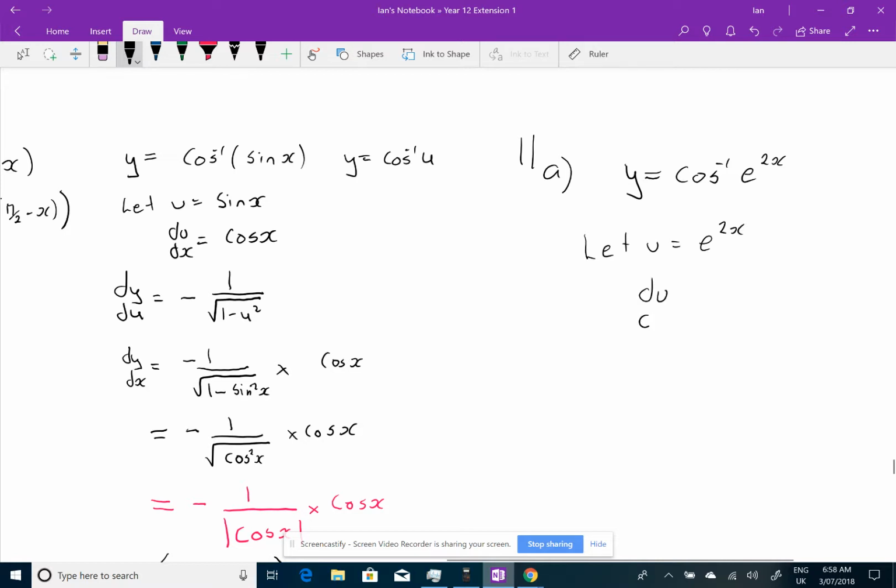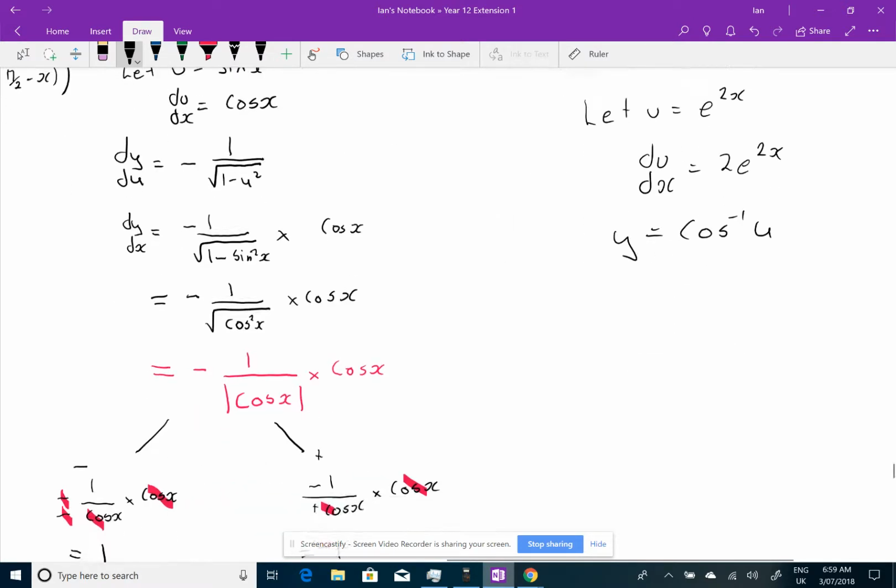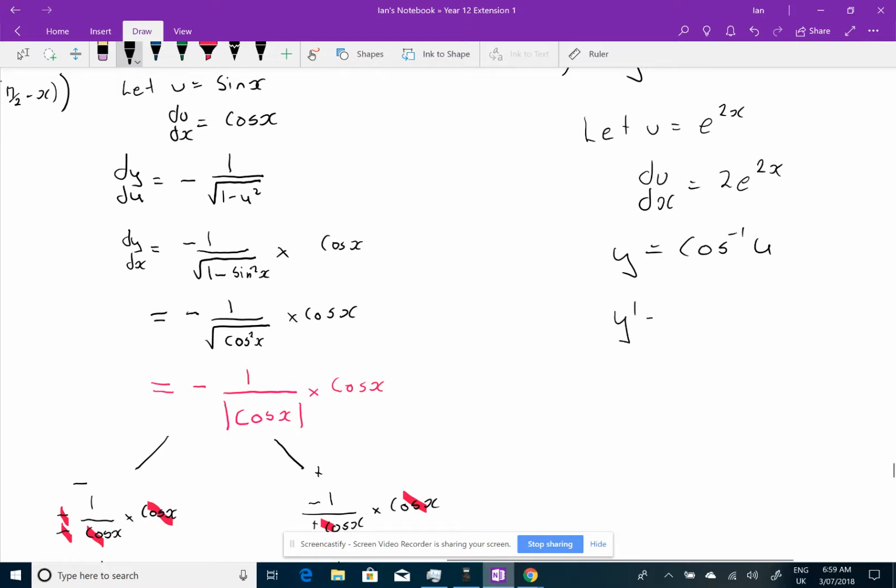Therefore, du dx equals 2e to the 2x. Y now equals inverse cos of u. So y dash will equal minus 1 on the square root of 1 minus u squared, equals minus 1 on the square root of 1 minus, well, e to the 2x squared will be e to the 4x.